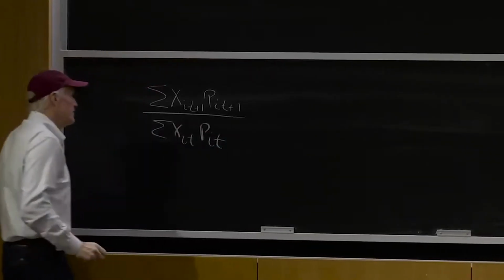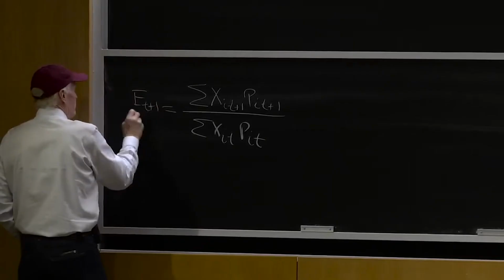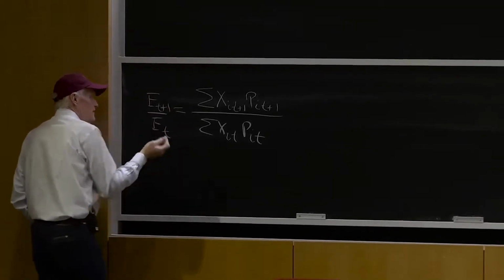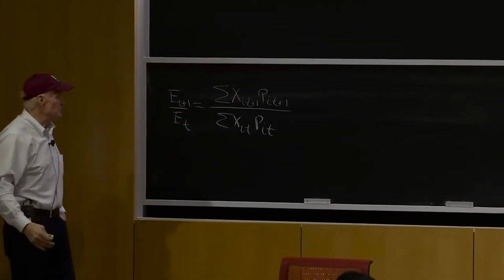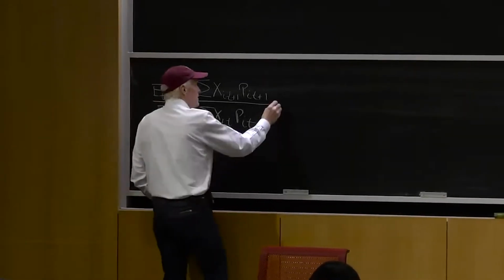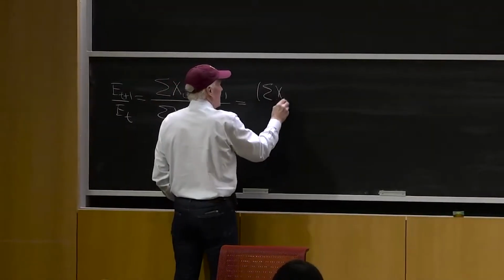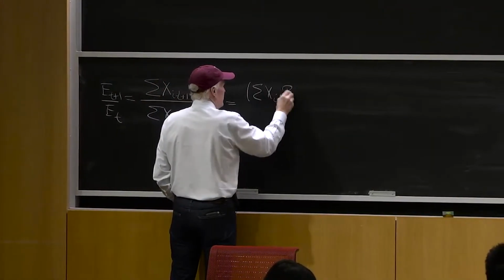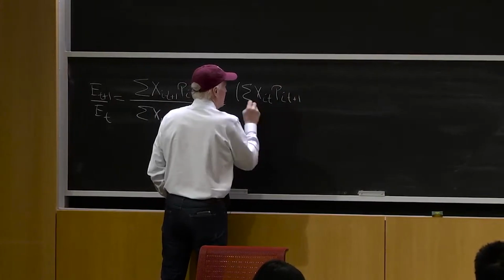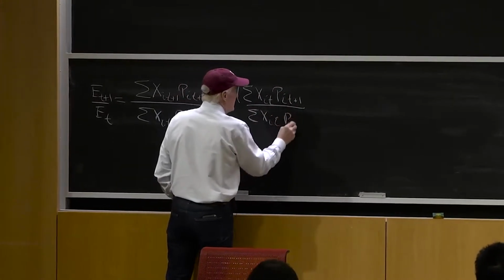So we're going to look at the growth in expenditure over time. And again, this could be aggregate expenditure. This could be expenditure on a given category of goods. And we said, well, one way you could decompose that would be the sum of the x_it p_i,t+1 divided by the sum of the x_it p_it.